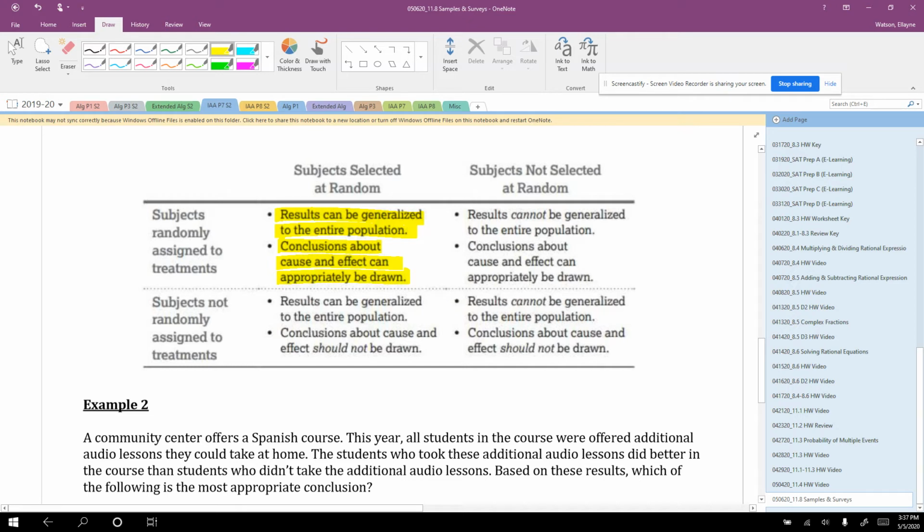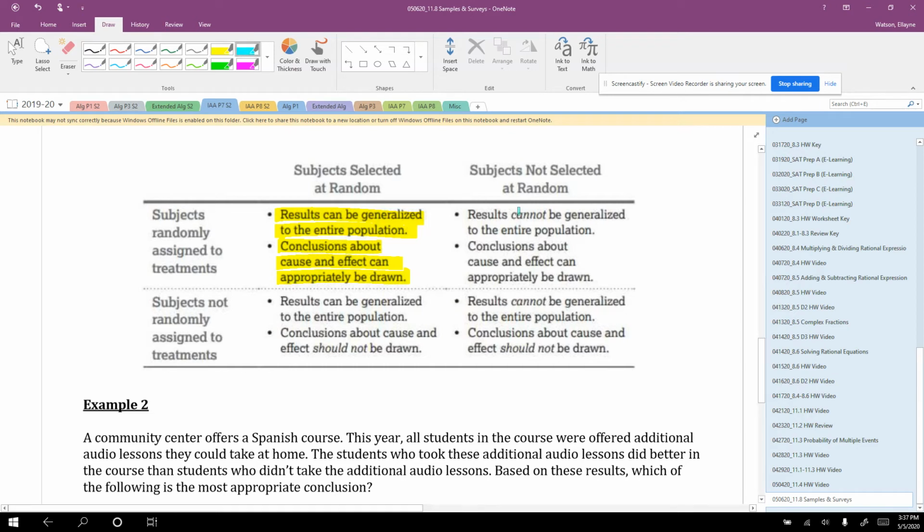So that is, I don't know if you want to call it, the most favorable type of sampling. Okay, subjects selected at random and subjects randomly assigned to treatments. So randomly assigned to different factors. Okay, this is where results can be generalized to an entire population and conclusions about cause and effect can be drawn. All right, none of these others say both for them.